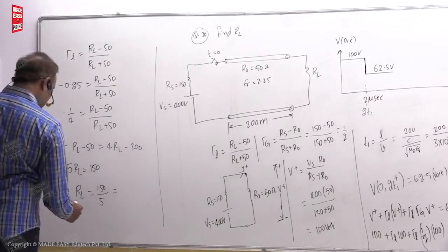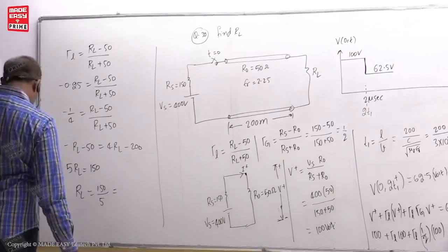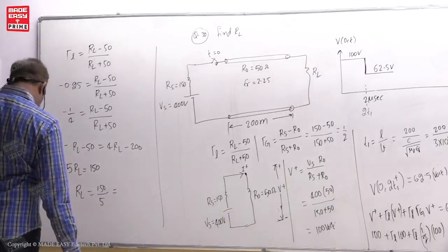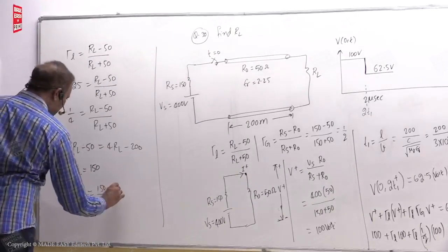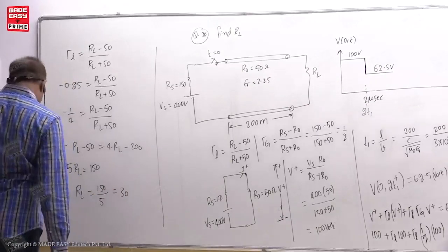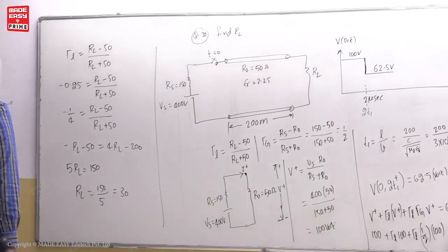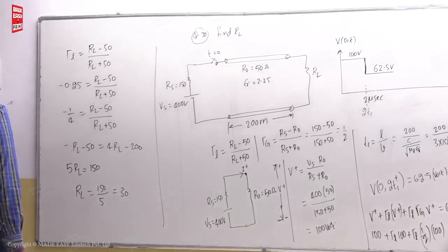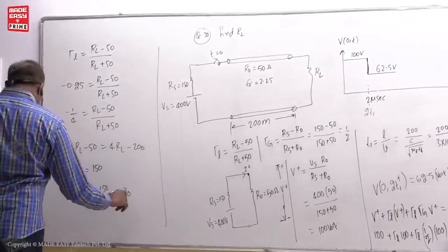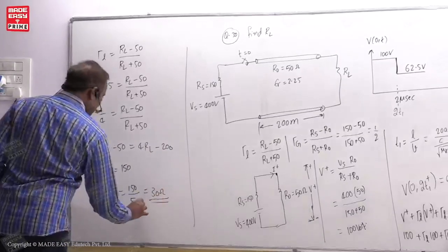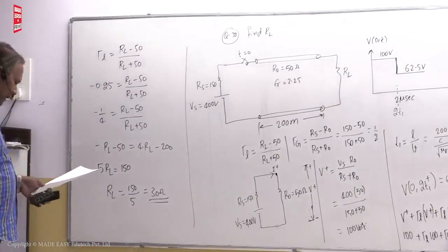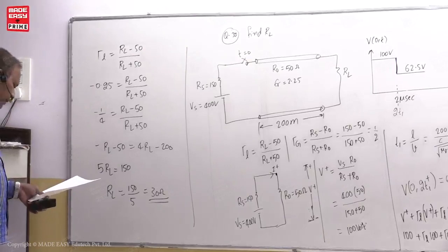So yes, it is correct now. 5 times 3 is 15, correct? So RL is equal to 30 ohms you got. So this is the answer. 30 ohms is the answer, dear students.